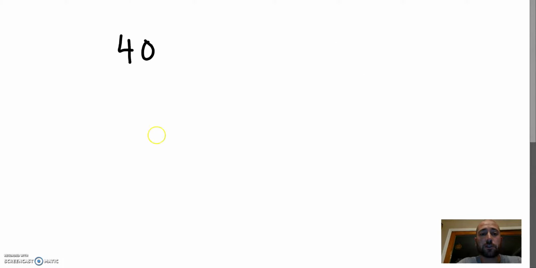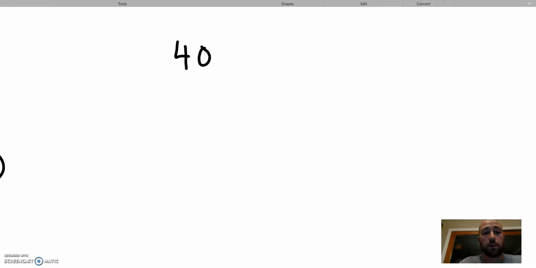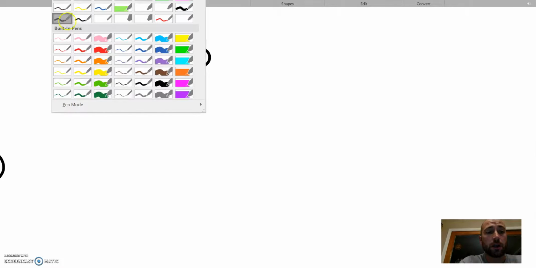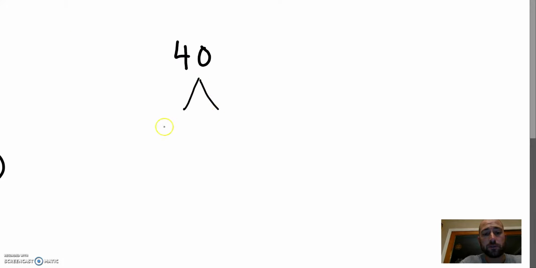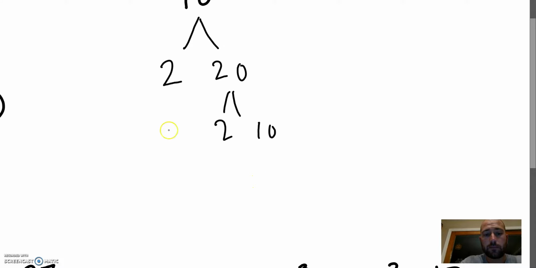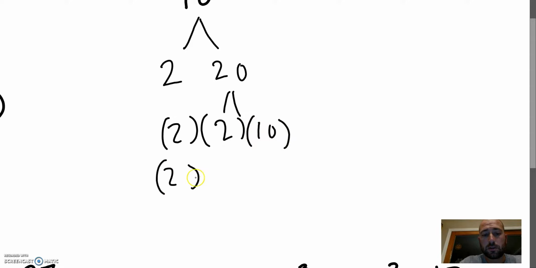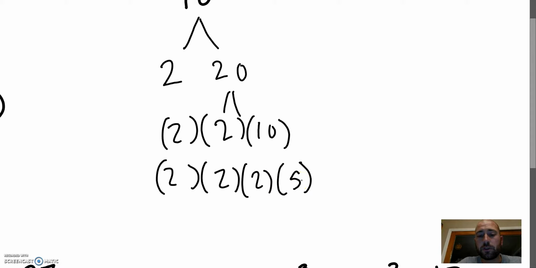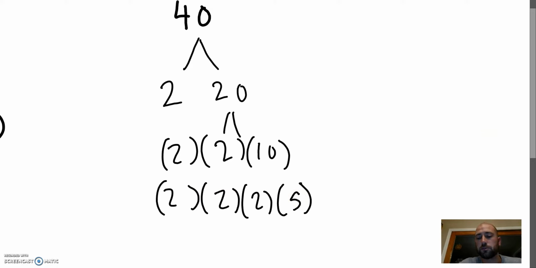Just as if I was going to factor 40, I could factor 40 into 2 times 20, then break 20 into 2 times 10, and 10 could be 2 times 5. If in any other way I lost any one of these 2s, that final expression would not be equal to 40, and I would be changing the value of my original expression.